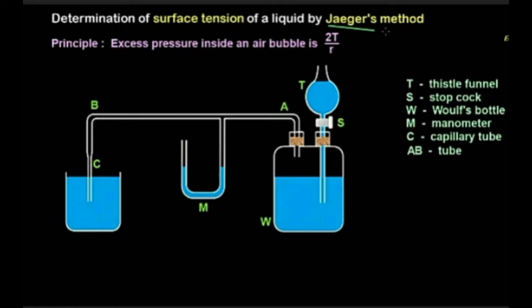If rho is the density of the manometric liquid and P is the atmospheric pressure, then the pressure inside the bubble just before it breaks is P plus h rho g.